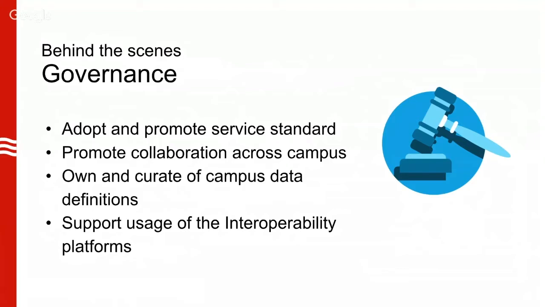We need governance to promote collaboration across campus. So one of the ways in which this is very important is in data release policies, how data is used, standard sort of data release practices. Campus shouldn't get a different answer about using data if you go to OHR or if you go to the registrar or if you go to DoIT.